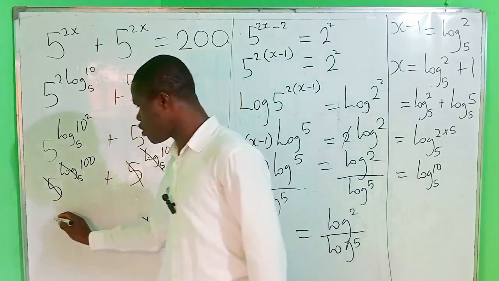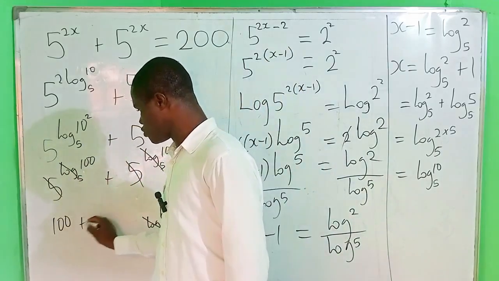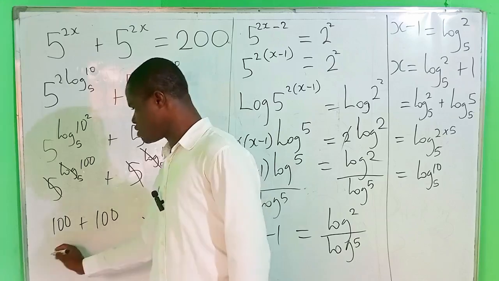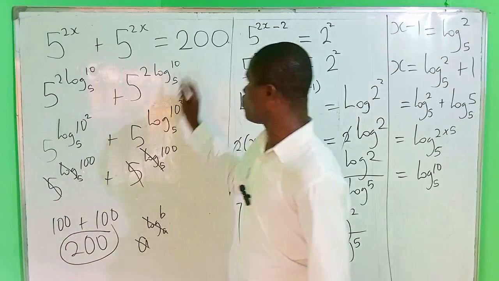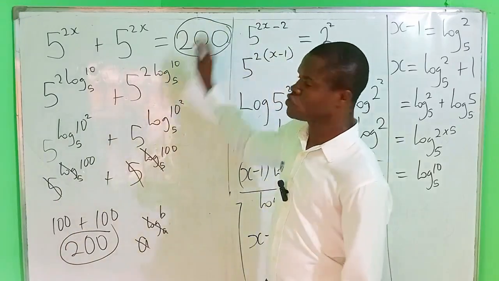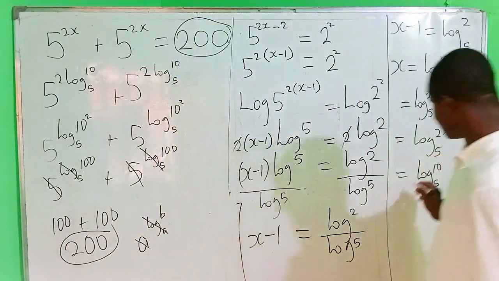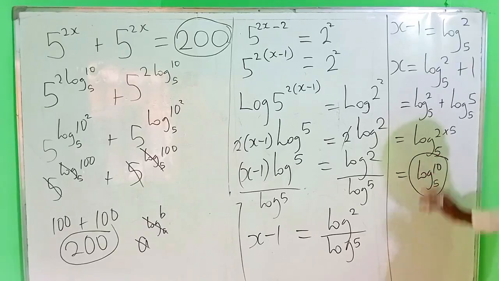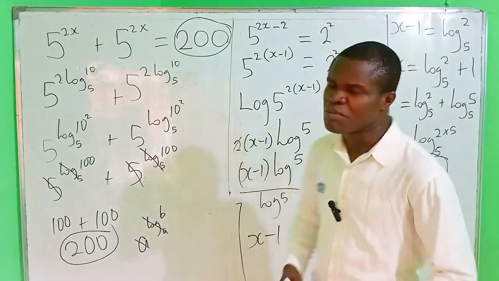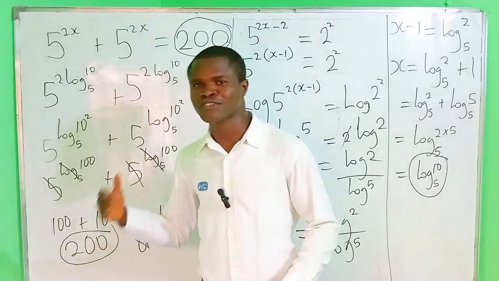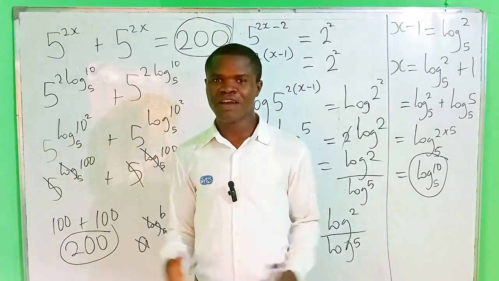So we are just left with 100 plus 100. So this is equal to 200, exactly what we have here. So it means that x is equal to log 10 base 5. I believe that this is quite simple and you can solve similar questions wherever you see them.